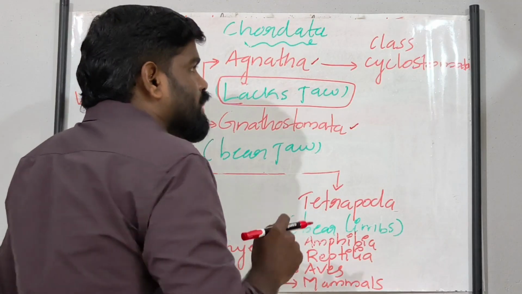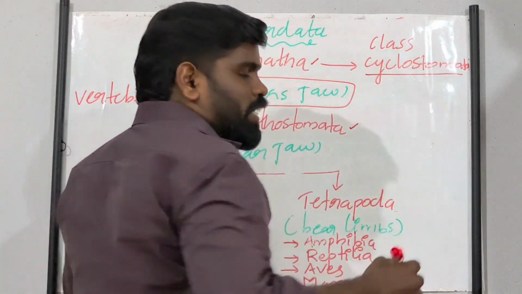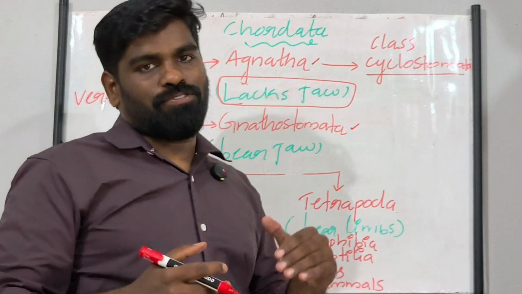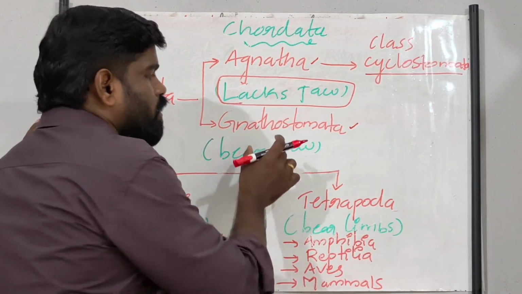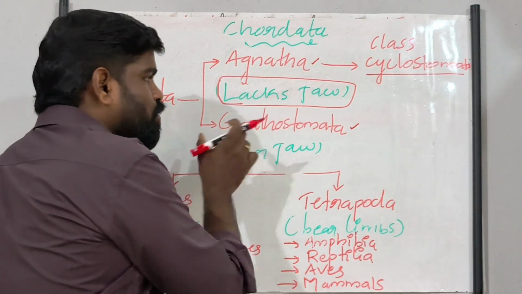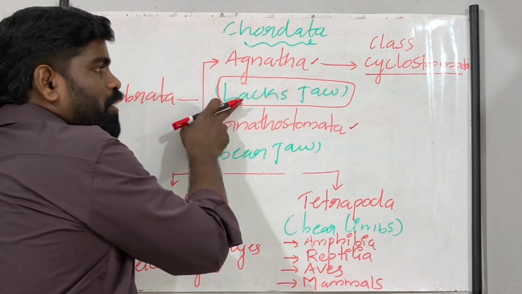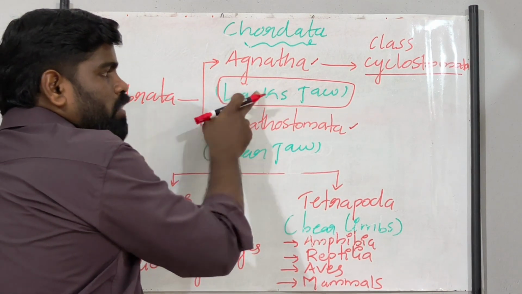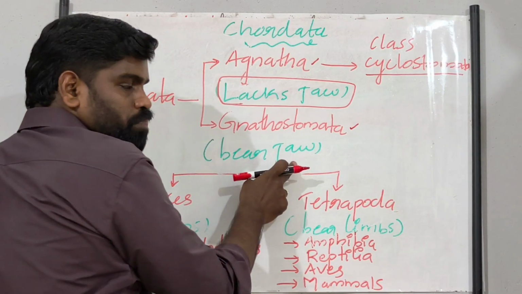Agnatha has the class Cyclostomata. The characters of class Cyclostomata we can discuss in the upcoming session. Now Gnathostomata is the second category of vertebrata. I told you that Agnatha lack jaws, and Gnathostomata bear jaws.